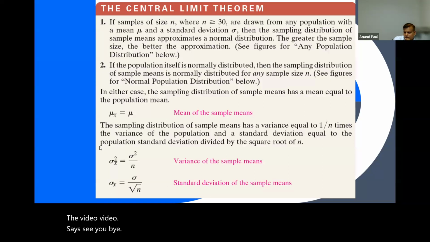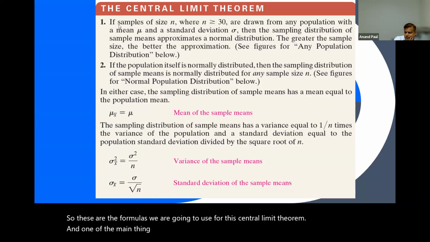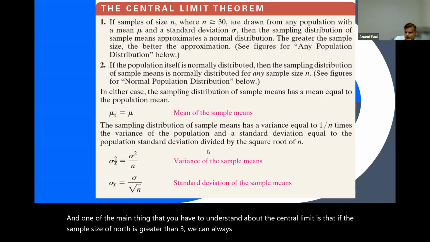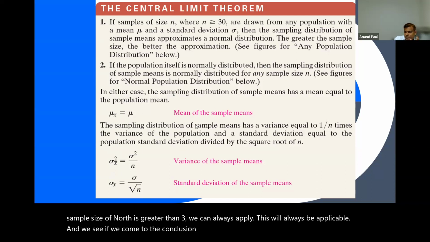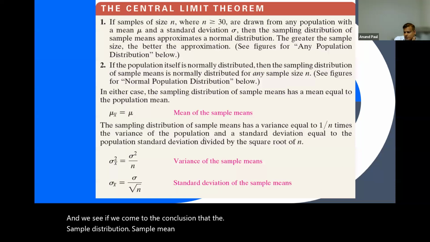So these are the formulas we are going to use for this central limit theorem. And one of the main things that you have to understand about the central limit theorem is that if the sample size n is greater than 30, we can always apply this, it will always be applicable. And we come to the conclusion that the sample mean distribution follows the normal curve.